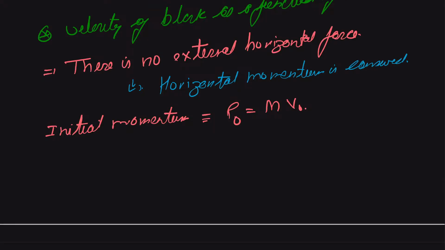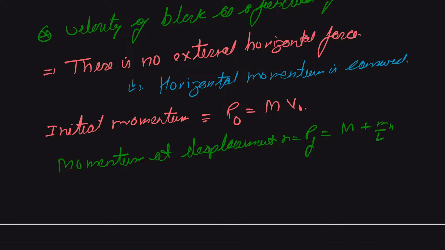So the momentum at displacement x, which we can also call the final momentum, will be equal to the mass of both, the block and the rope, times the velocity at that particular moment.